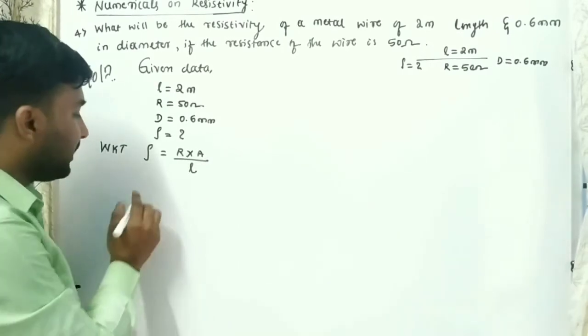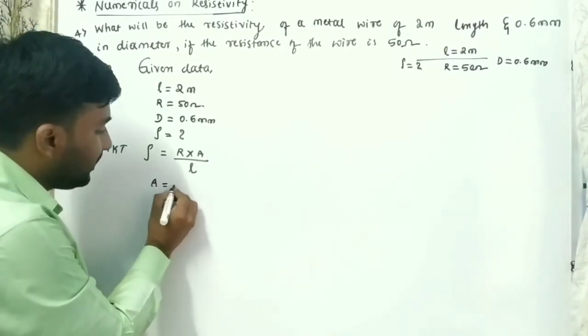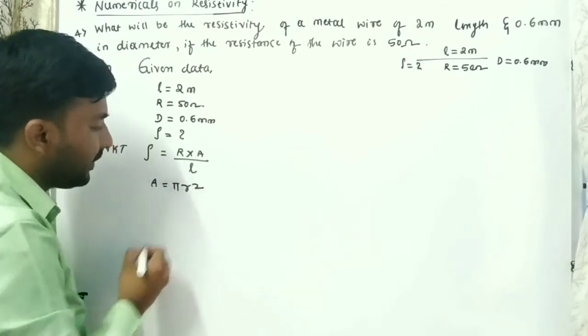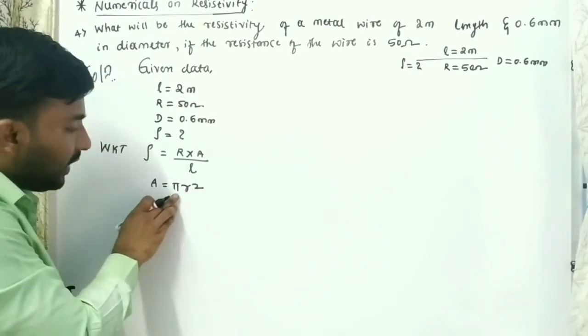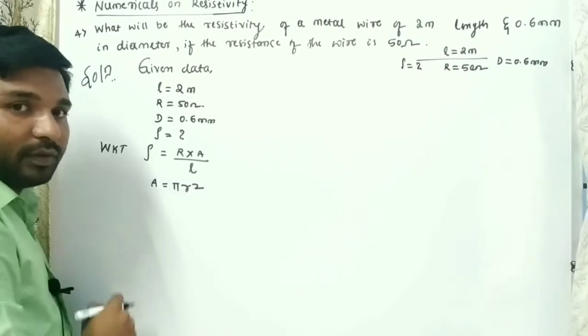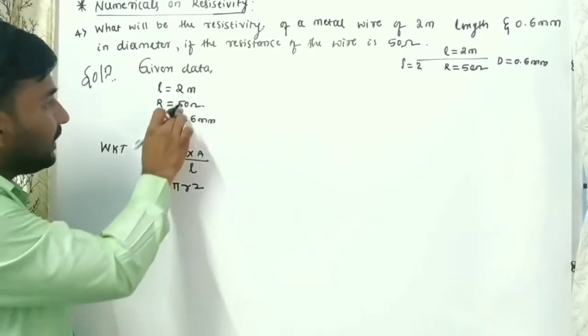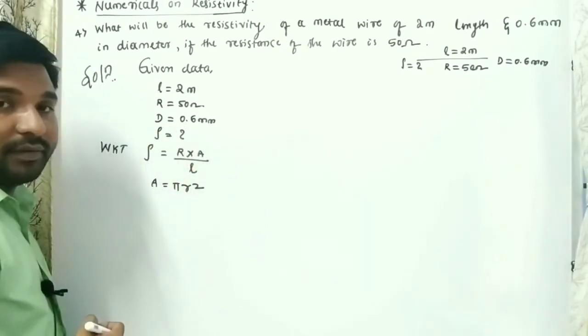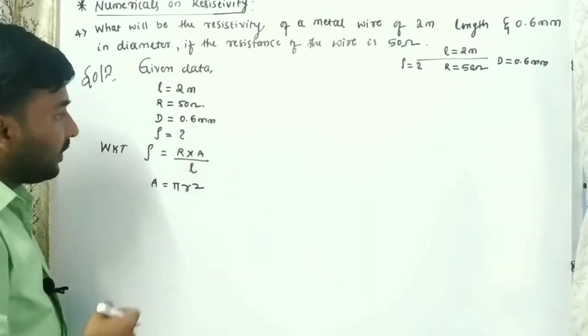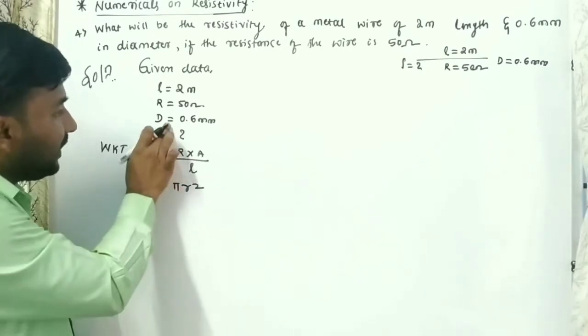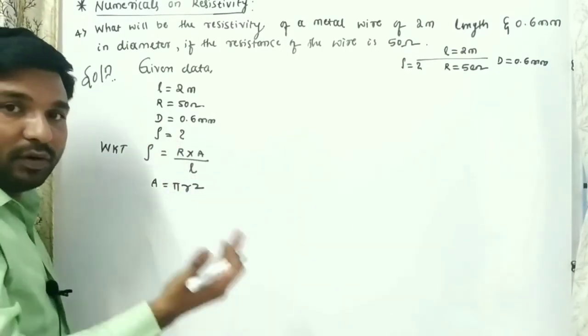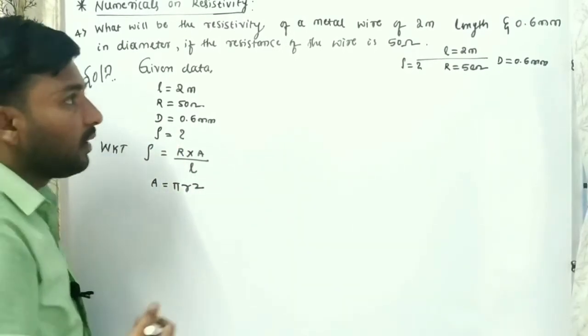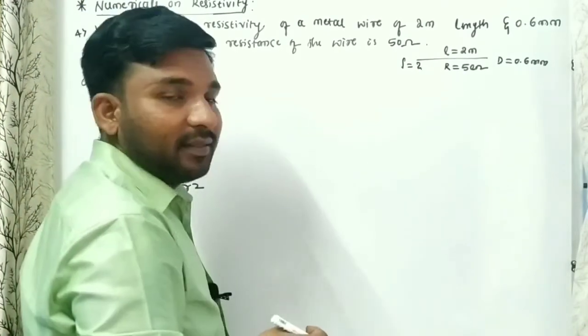So area of cross section is pi r square. But they have given one clue, that is they have given the diameter, and that is in millimeter. Correct. So here half of the diameter is equal to radius. Look at here, just I will expand this one.